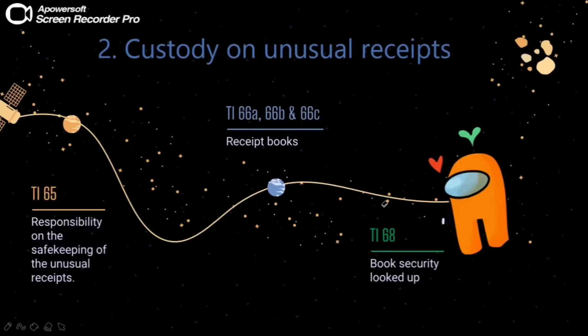TI-65 is about responsibility for the safekeeping of the unused receipts. And then TI-66A, 66B, and 66C are about receipt books. TI-66A particularly says collectors are expected to ensure all unused receipts, which are receipt books and license books, are securely locked up either under their own control or by a senior officer who is not involved in making collections and issuing receipts.